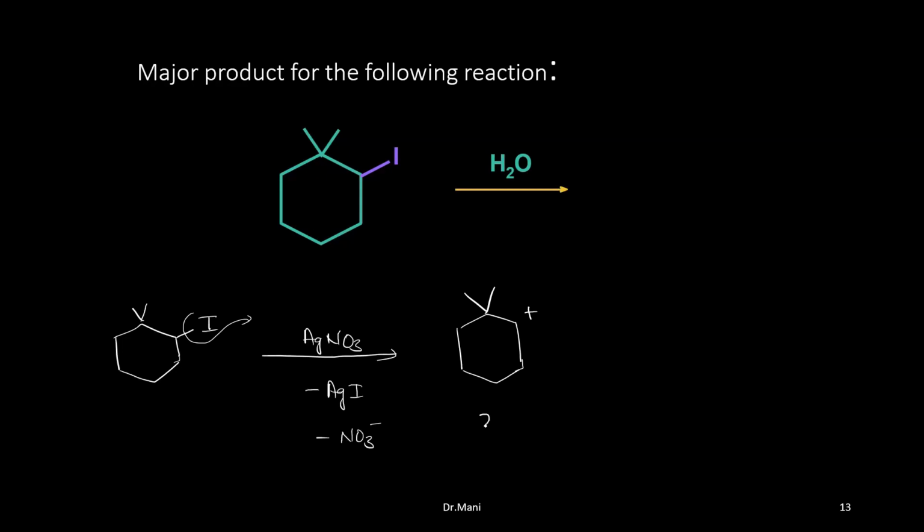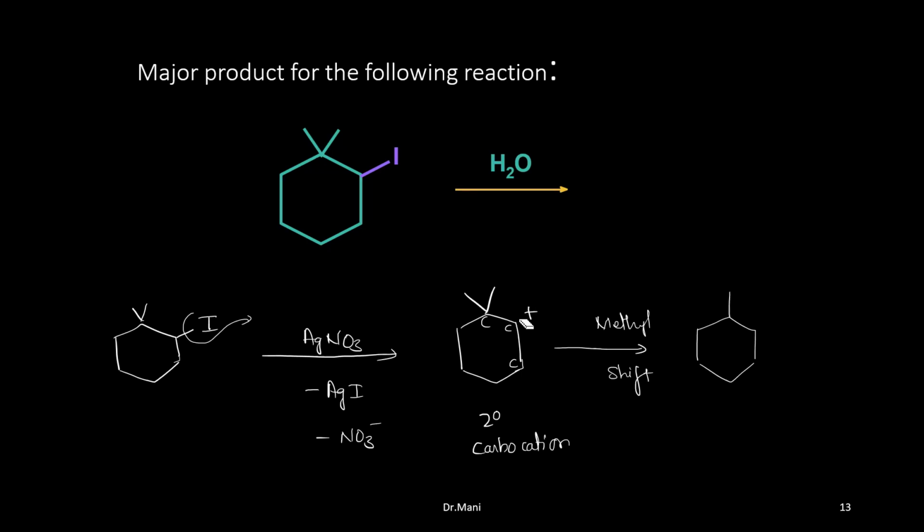Remember, this is a secondary carbocation, because this carbon is attached to this carbon and this carbon, so it is called a secondary carbon. And here a methyl shift will happen in this step. Whatever this methyl group is, whatever this bond is, it will just move here.